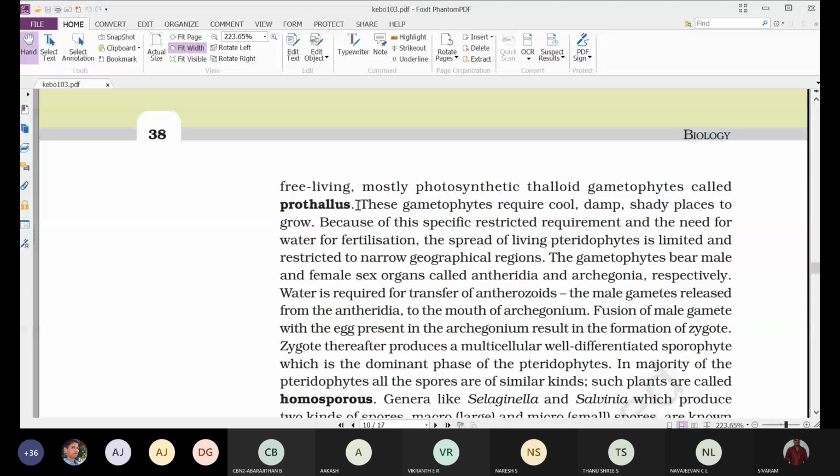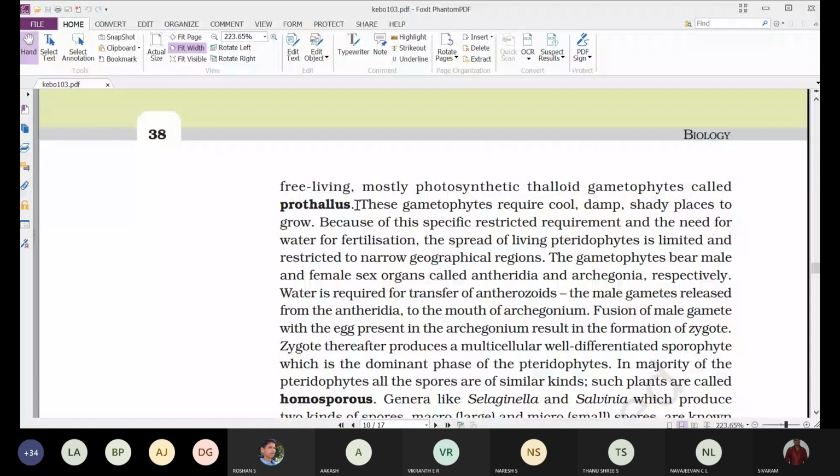Even though the sporophyte plant body can grow on land, even in somewhat hot and humid conditions, the prothallus, which represents the gametophyte stage of these pteridophytes, requires moisture and water.